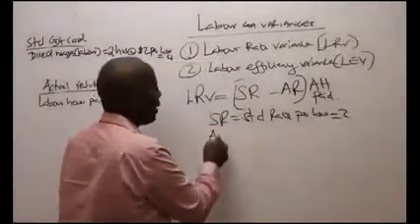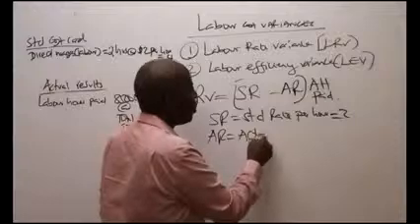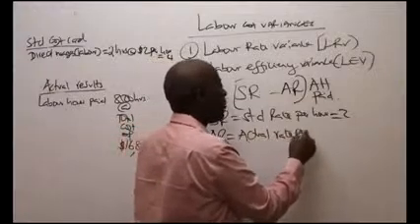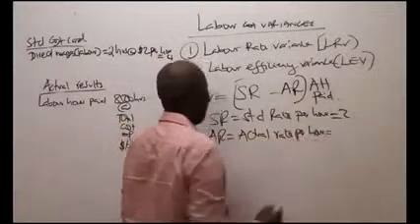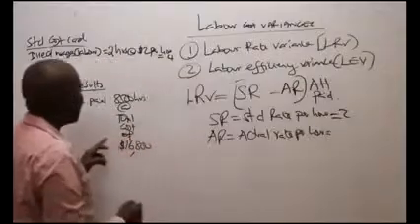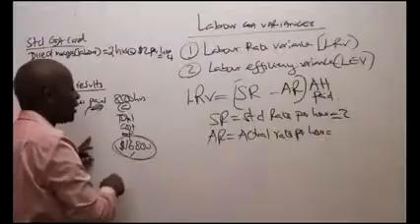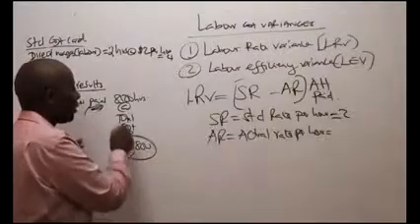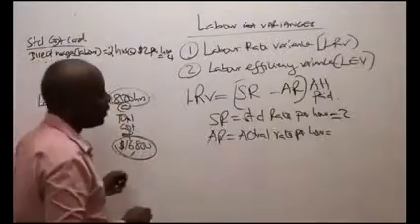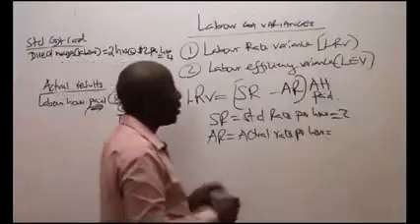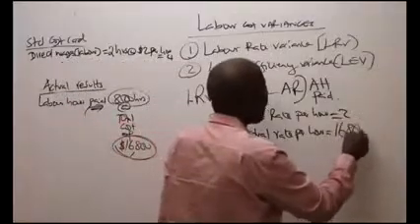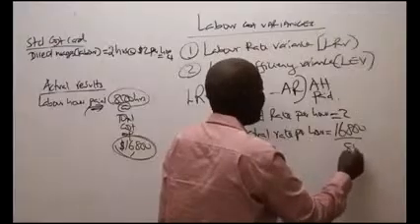How about AR? AR stands for the actual rate per hour, the actual payment per hour. My labor indeed cost me $16,800, but with this $16,800 I procured 8,500 hours. So the actual rate per hour will be 16,800 divided by 8,500.